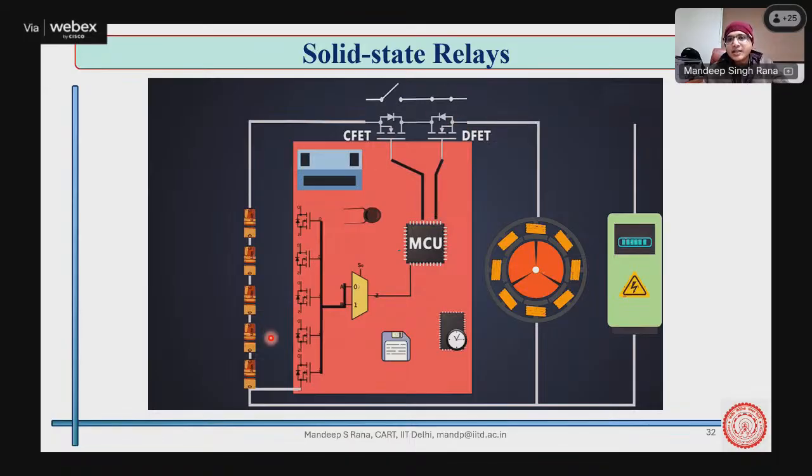And if you want to discharge, the other switch will get turned on and the battery energy will go from here to here. So basically, when you are running an EV and you want to transfer the power to the motor, the discharge FET should be turned on. And if you want to take the energy and charge your battery cell, the charge MOSFET gets turned on. And both are open when we do not want a connection.